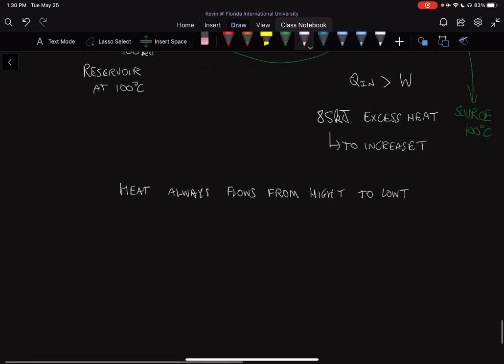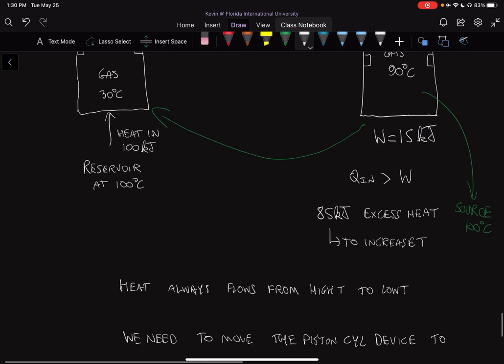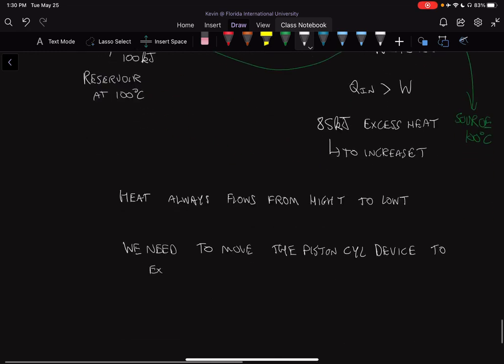So we need to move the piston cylinder device to exchange with a low temperature or low T reservoir.